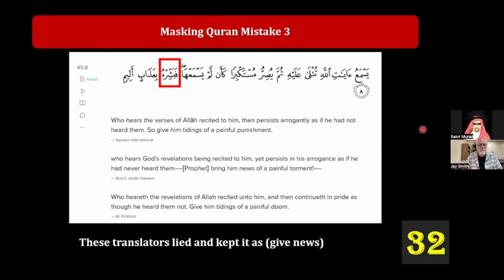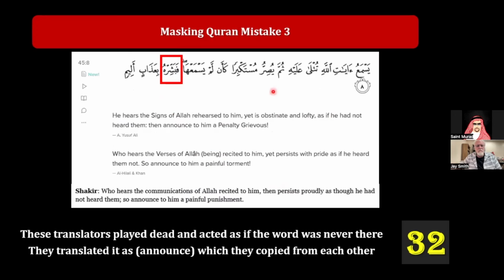Now we move to group 2, and they have it as "give him tidings" or "bring him news" without the word good. This is, of course, a lie, a deception, because it's saying give him good news of a painful torment. When we move to group 3, I call them the play dead group because they act as if the Arabic word is not "give good news."